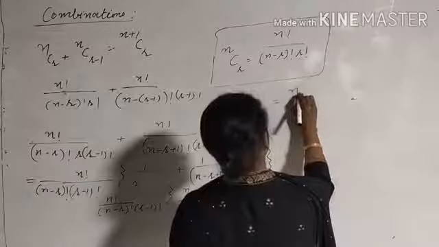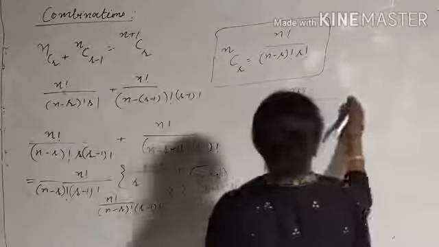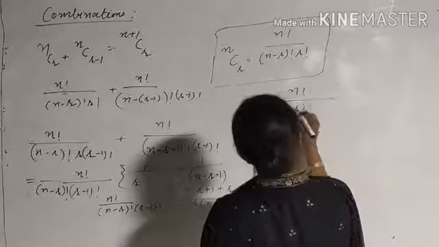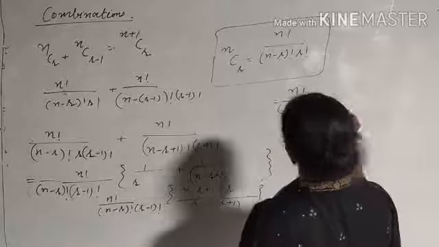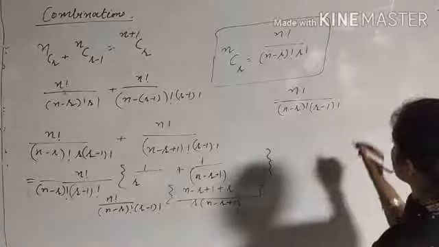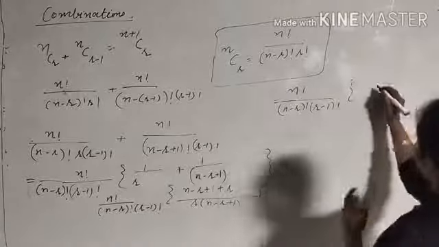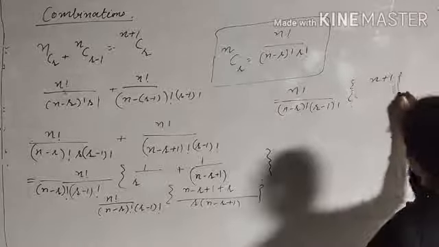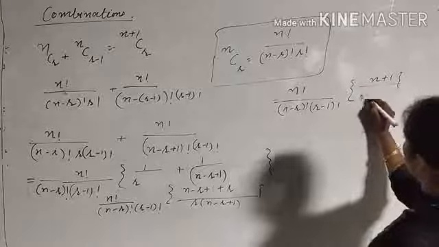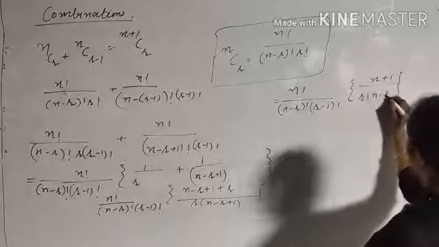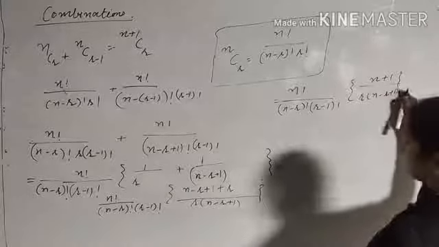It will be n factorial over (n minus r) factorial, (r minus 1) factorial, and inside it is (n plus 1) divided by r into (n minus r plus 1).